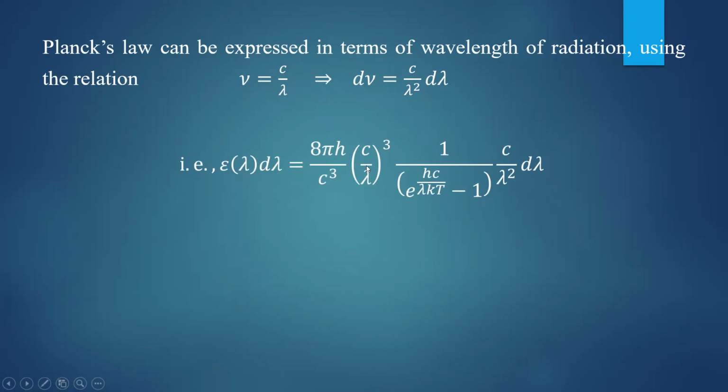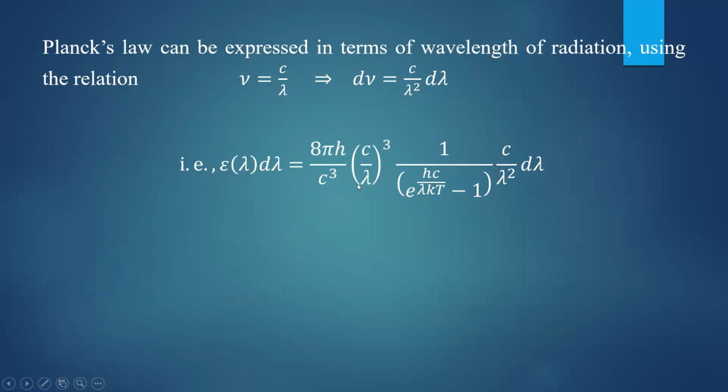In place of nu cube, you substitute c by lambda cube, into 1 divided by e to the power h nu by kT minus 1. You substitute for nu as c by lambda, you will get e to the power hc by lambda kT minus 1. In place of d nu, you substitute c by lambda square into d lambda. Okay, this is basically d nu. D nu is expressed in terms of lambda.